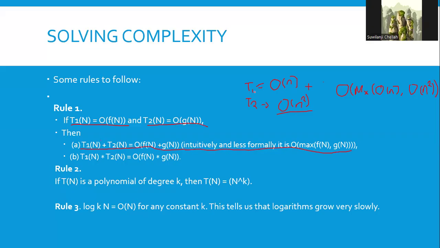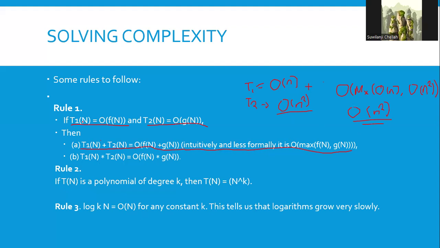So the maximum of these two algorithms, T1 and T2, is basically big O of n squared. That's what we're saying for this rule.